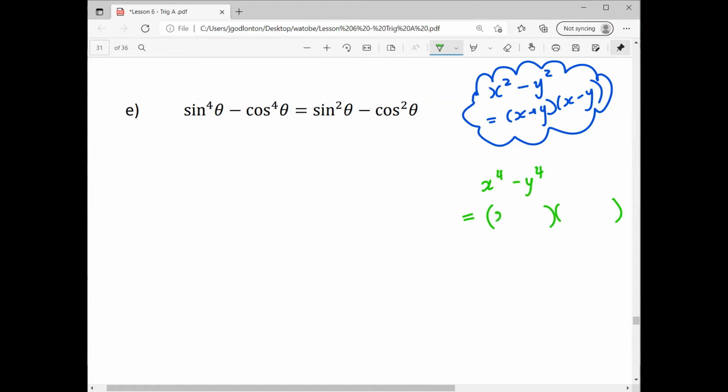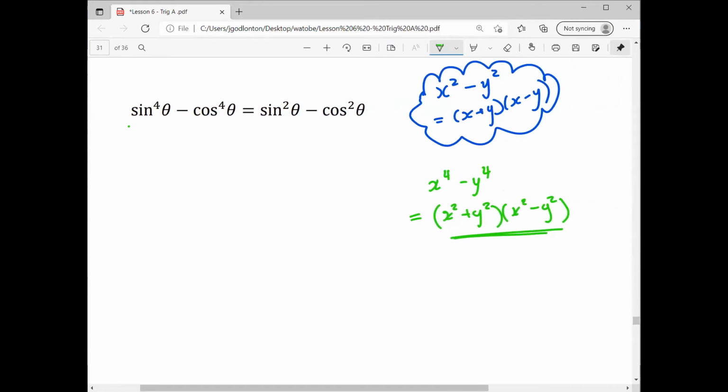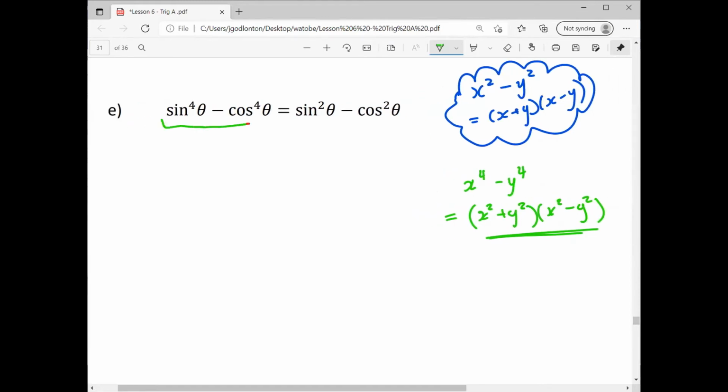Okay, so that would be x squared plus y squared, and then x squared minus y squared. If you can do that, you can do this. Think about it in the exact same way. Wherever I had x, now it's sine. Wherever I had y, now it's cos. Think about what that's going to become.